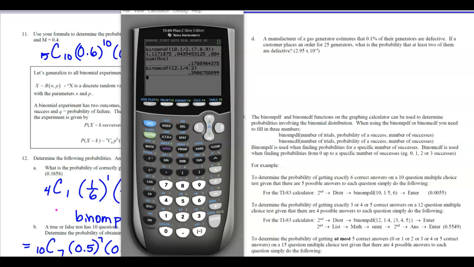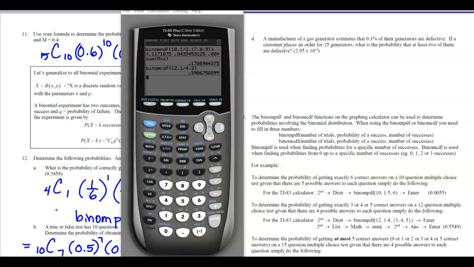Where's the probability of at least two of them? So now, the thing with this is, if we do it the long way, we have to go 2 defective, 3, 4, 5, 6, 7, 8, 9, 10, all the way up to 25. You do not want to do that. You don't even want to list those in binomial. This is where you would use the complement.